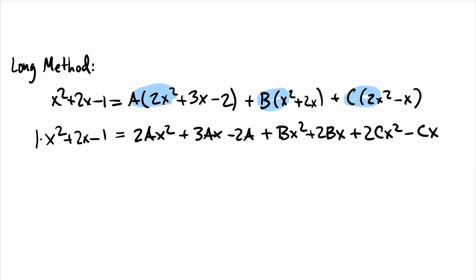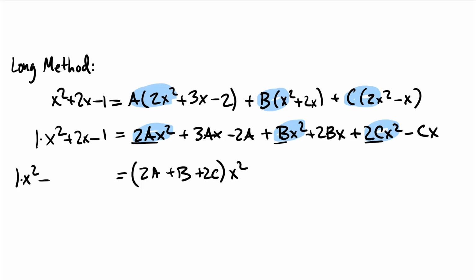Now here's the game. We want to take everything with an x squared and put it together and factor out the x squared. For our x squared terms, we have a 2a, we have a b, and we have a 2c.